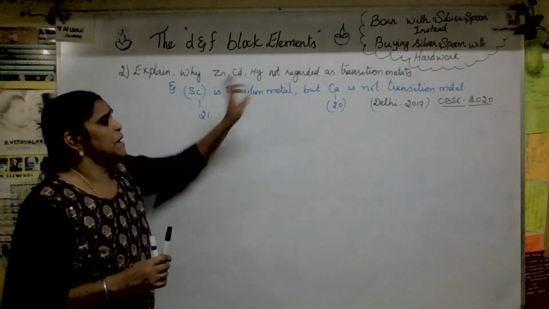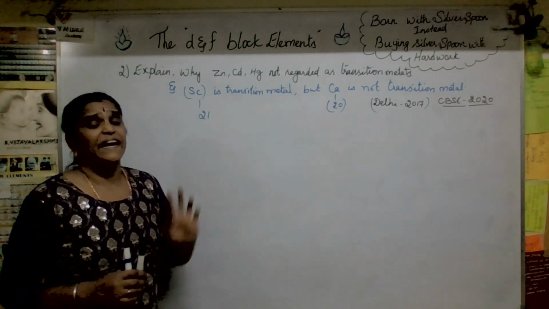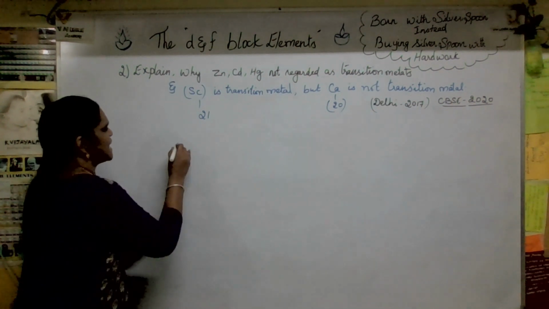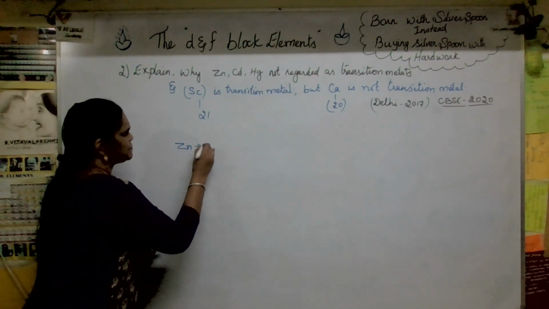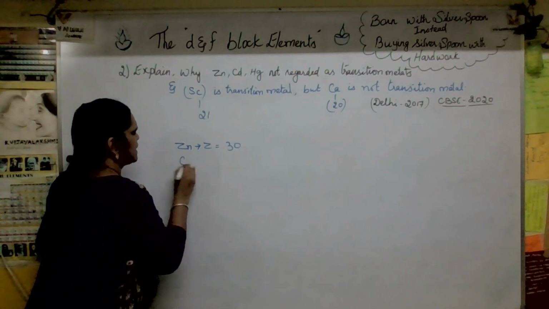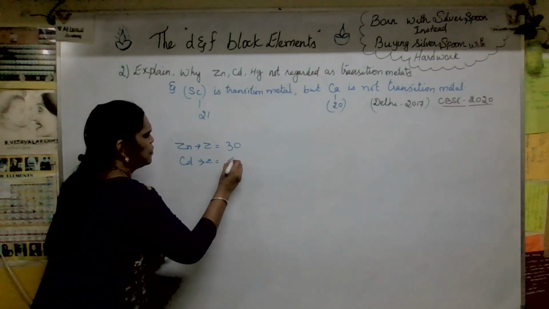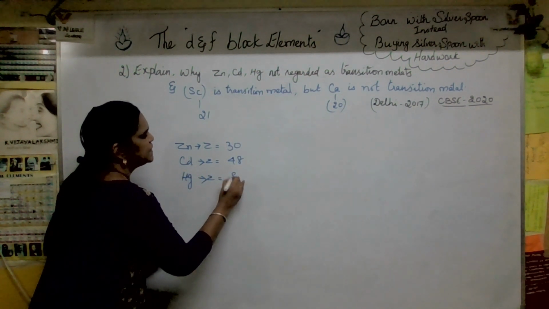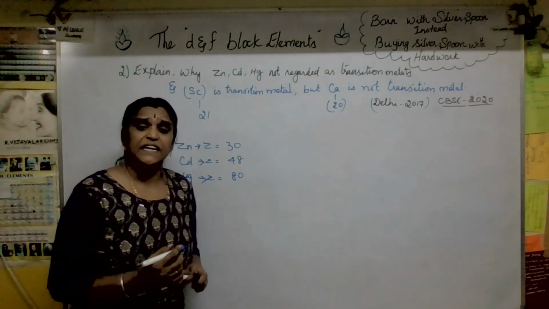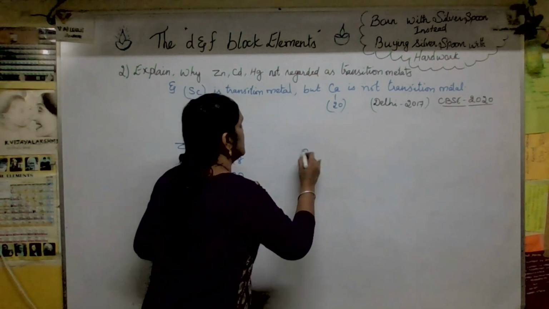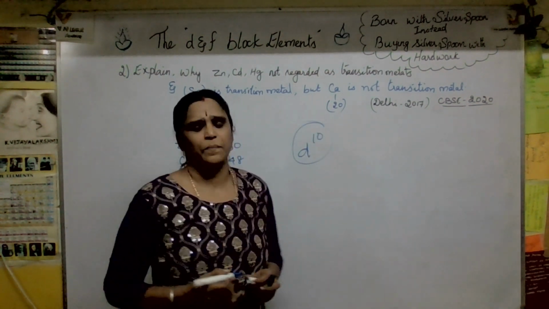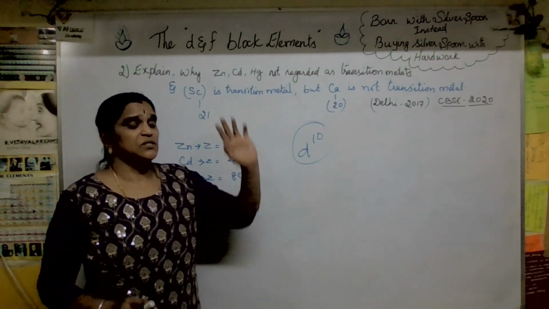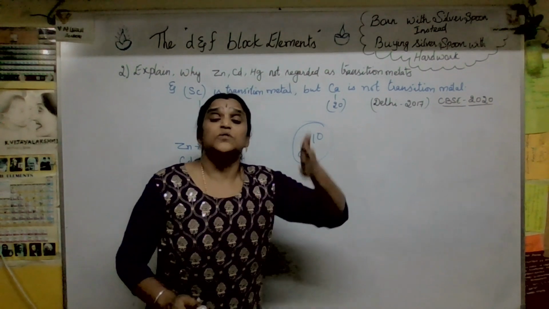Why are zinc, cadmium, mercury not regarded as transition metals, though they have touched d10? Actually, zinc has atomic number 30, cadmium 48, and mercury 80. All of these have completely filled d10 orbitals. Generally, what are transition elements? The d orbital has to be incomplete.